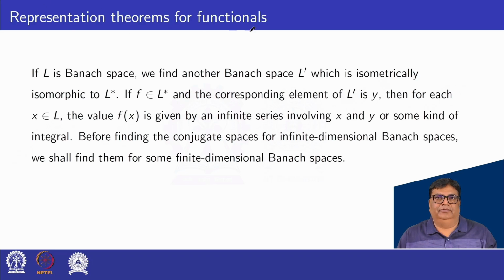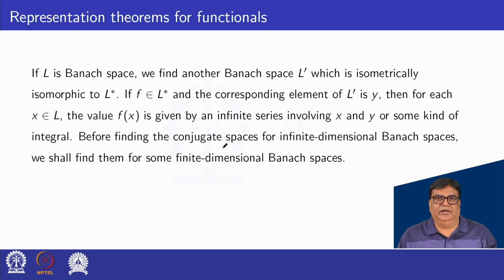Representation theorems for functionals. If L is a Banach space, we find another Banach space L dash, which is isometrically isomorphic to L star. If L star and the corresponding element of L dash is y, then for each x belonging to L, the value of f(x) is given by an infinite series involving x and y, or some kind of integrals.